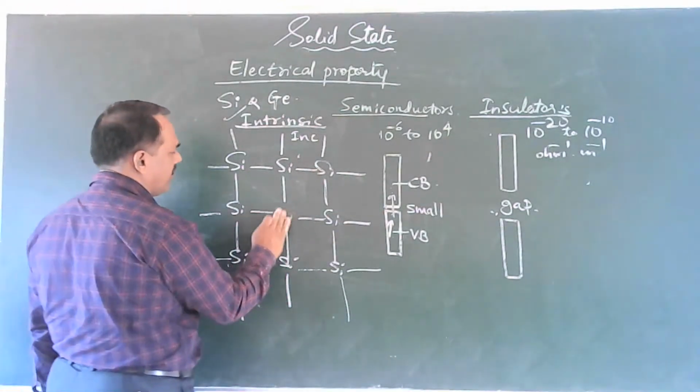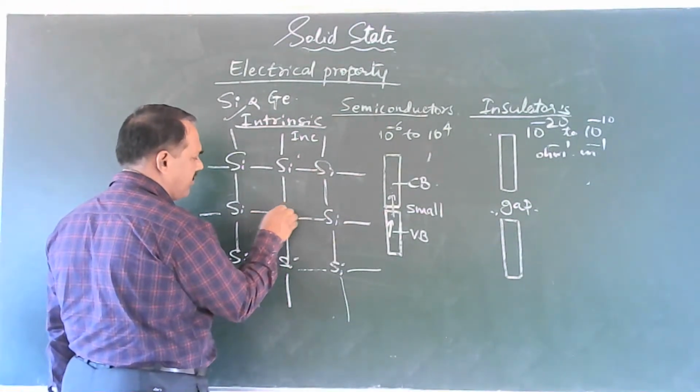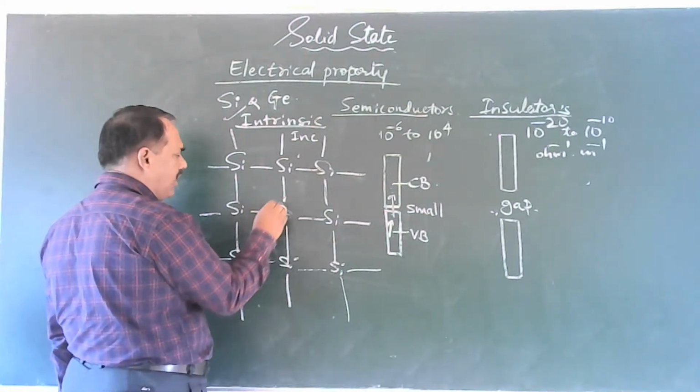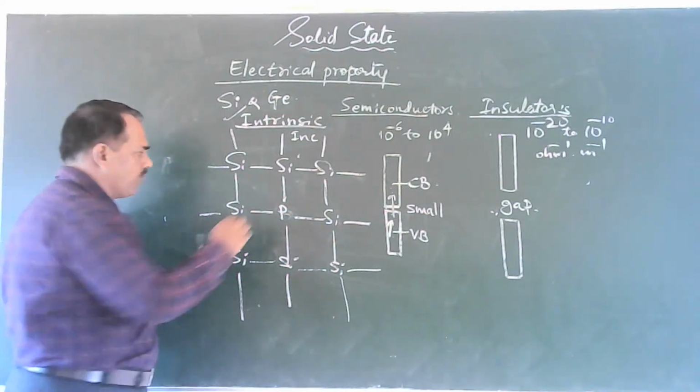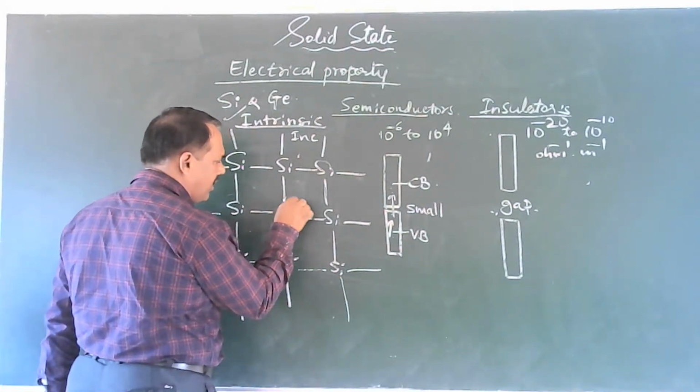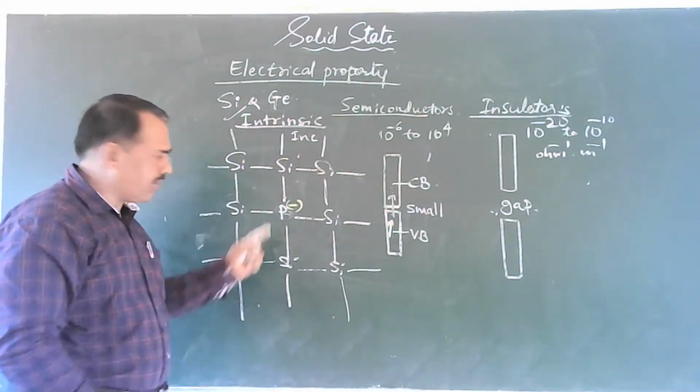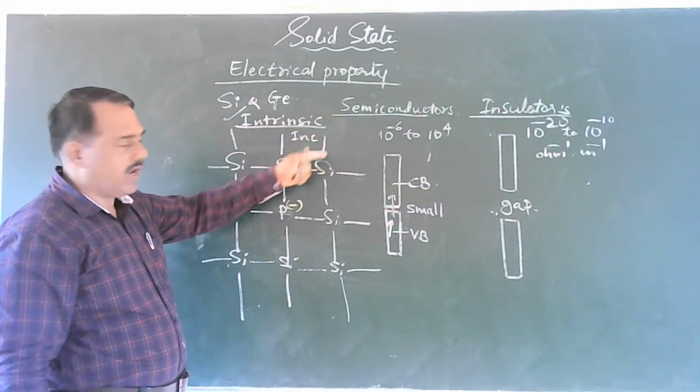Suppose phosphorus is added to this, all the 4 electrons are paired and one extra electron you can find. So therefore, its conductivity increases.